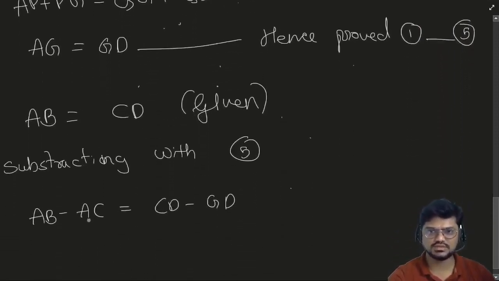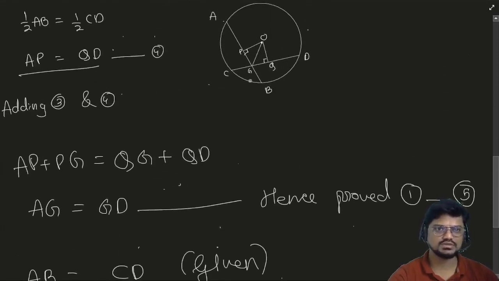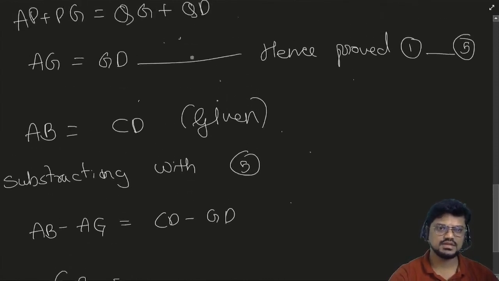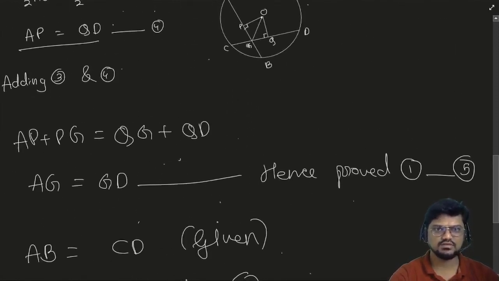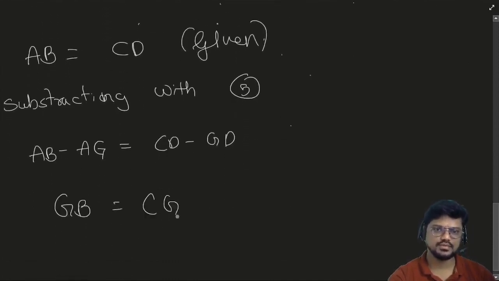Yeah, it should be AB minus AG and CD minus GD. So now AB minus AG will be how much? GB, and CD minus GD will be how much? CG. So hence proved the second one also.